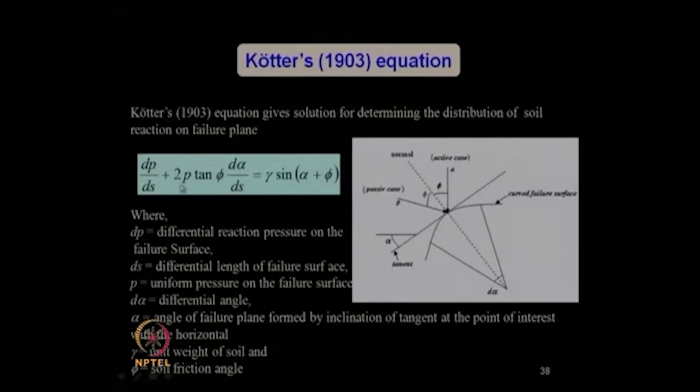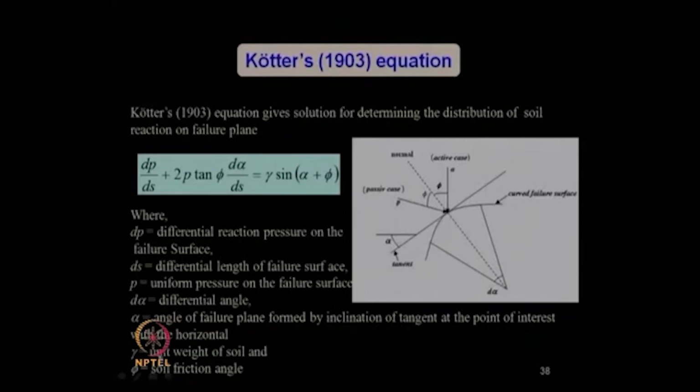So, the governing equation proposed in 1903 is given by dp/ds + 2p tan(phi) d(alpha)/ds = gamma sin(alpha + phi), where dp is the differential reaction pressure on the failure surface, ds is the differential length of the failure surface, p is the uniform pressure on the failure surface, d alpha is the differential angle, and alpha is the angle of the failure plane, formed by the inclination of the tangent at the point of interest with respect to the horizontal.